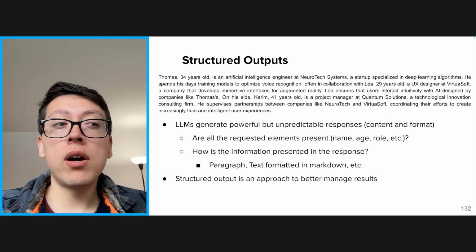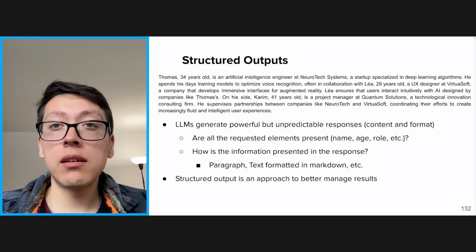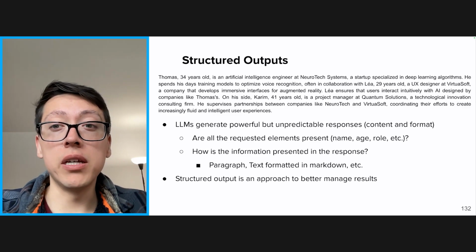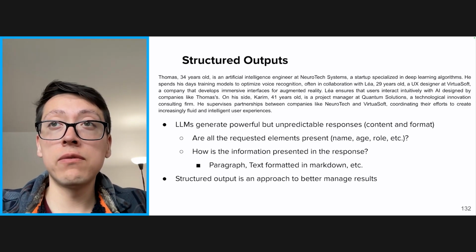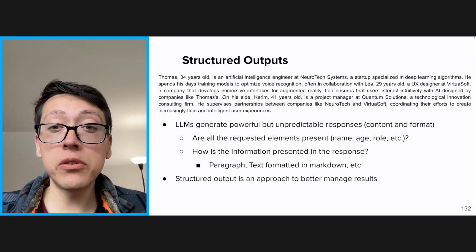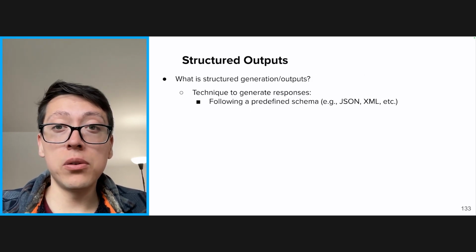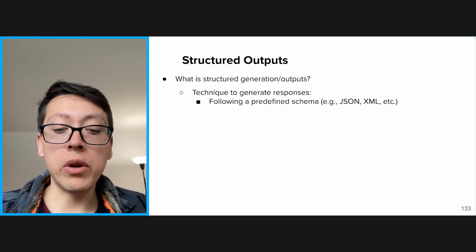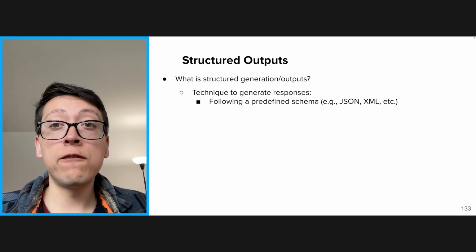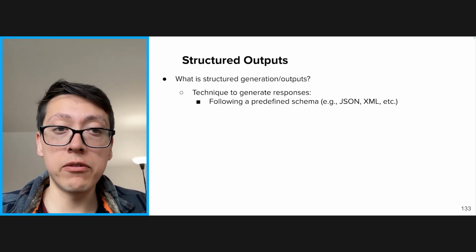So that's why we like structured outputs, because it's a way to manage these kinds of factors. And so what is structured outputs? Well, it's just a technique where we can make the models follow a predefined schema, for example.